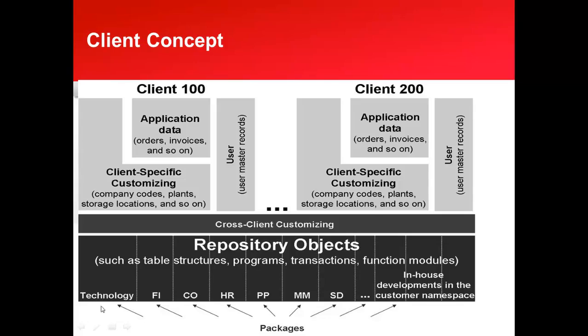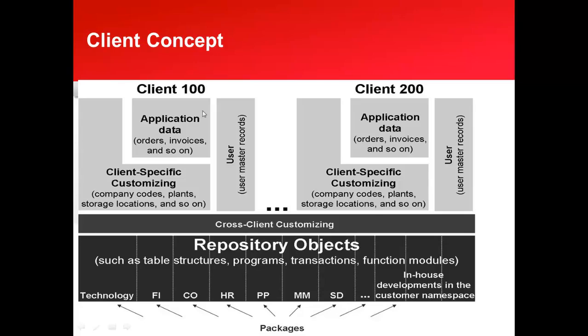Basically this is finance, controlling, human resource, production planning, material management and sales and distribution. So this is basically the cross client data, that is across the clients this data remains the same.